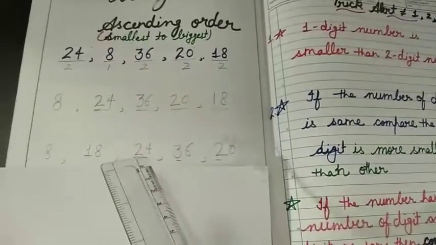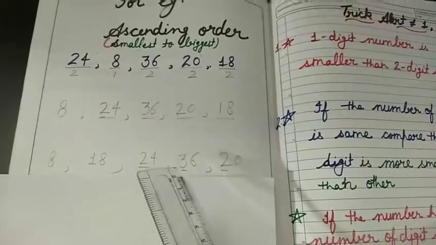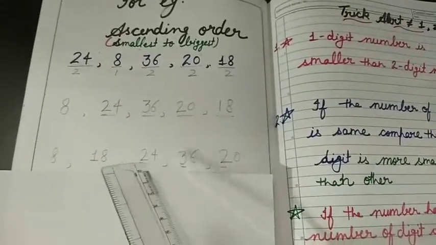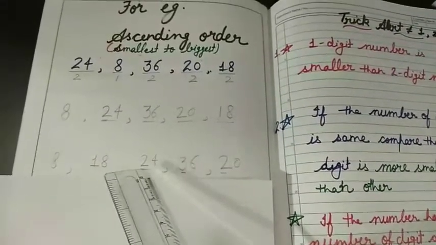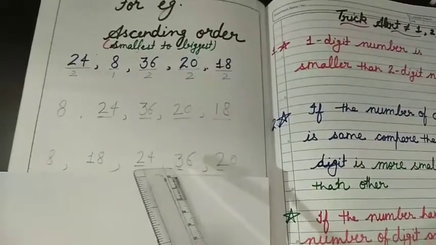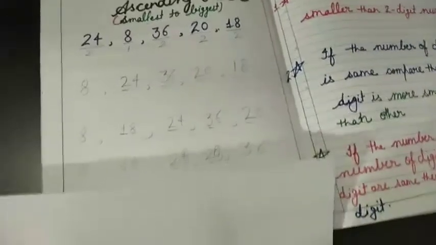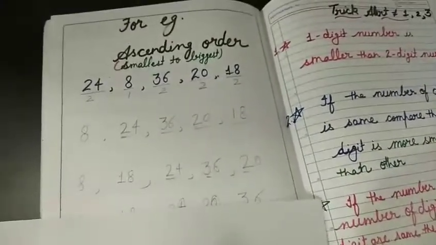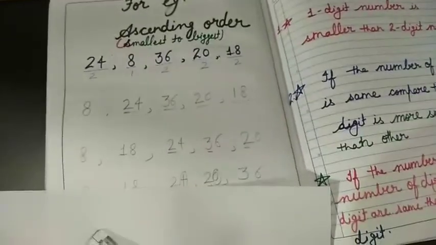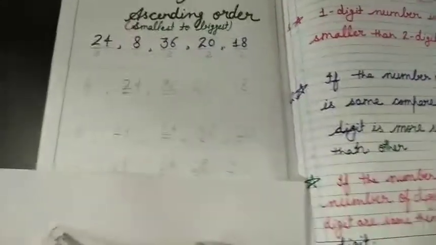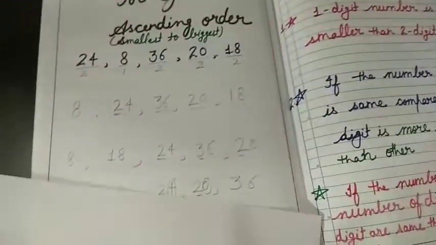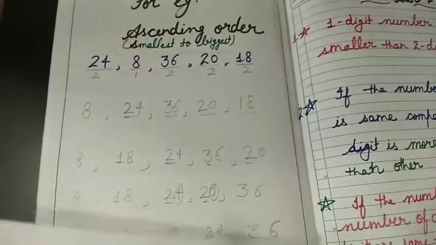We have to compare whether 2 is bigger or 3 is bigger. Here 2 is smaller, 3 is bigger. So in the third step we write 8, 24, 20 and 36, because these both have the same first digit, 2, 2.